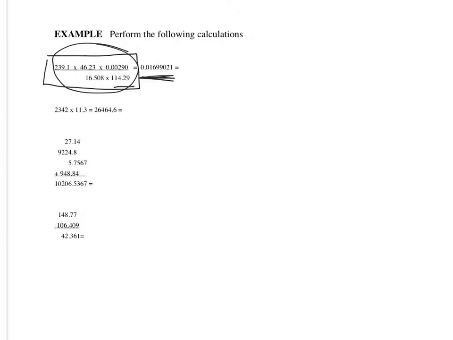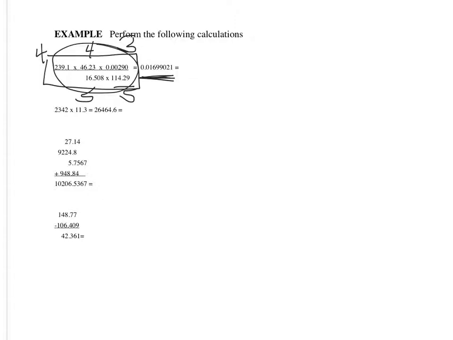Now what you need to do is figure out how to round that. Well, this is all multiplication and division, so I would look at this and say, okay, 239.1 has 4 sig figs. This next number has 4 sig figs. The next number has 3 sig figs, just that 290. Then we have 5 sig figs and 5 sig figs.